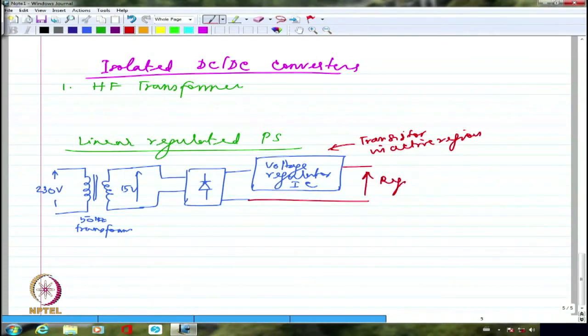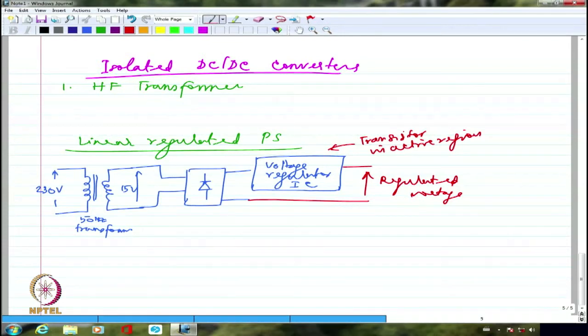Inside the voltage regulator IC, there will be mainly two components. One is a transistor in the active region, another is a Zener diode. The Zener diode will normally maintain the reference voltage I require, and there will be some kind of comparison between that Zener diode voltage and the actual output voltage.